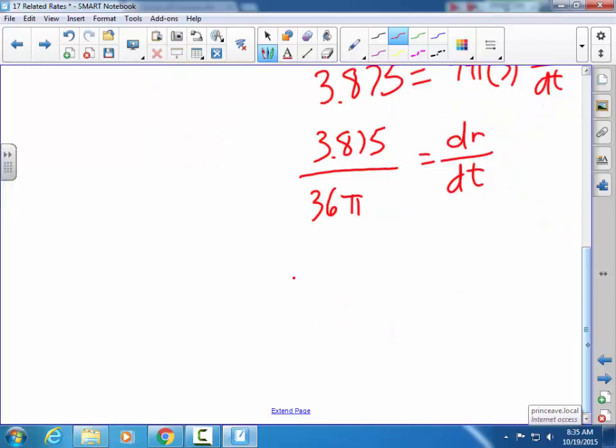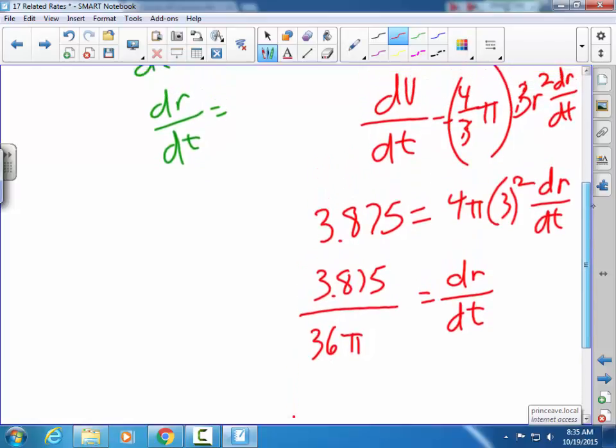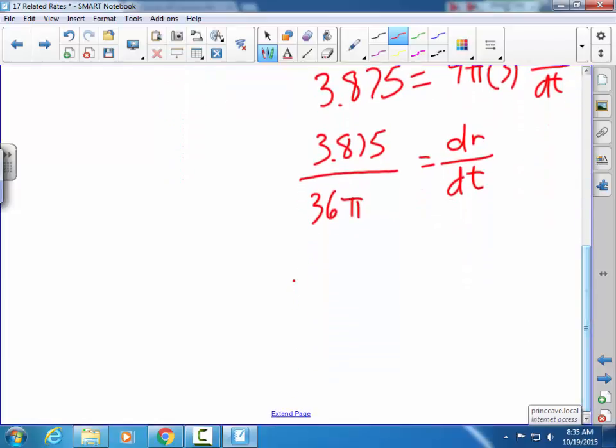Somebody with a calculating device, please figure out what that is for us. Did I do that wrong? No, I didn't. Yes, sir. Where'd the radius go?